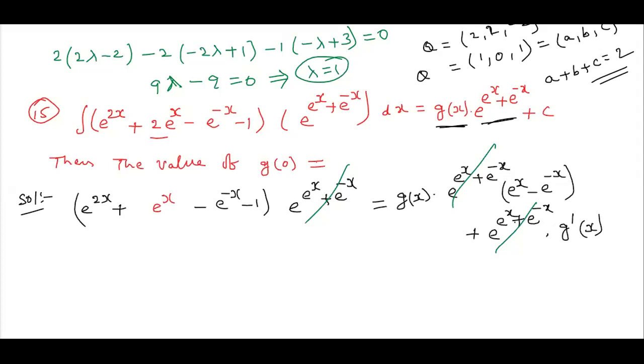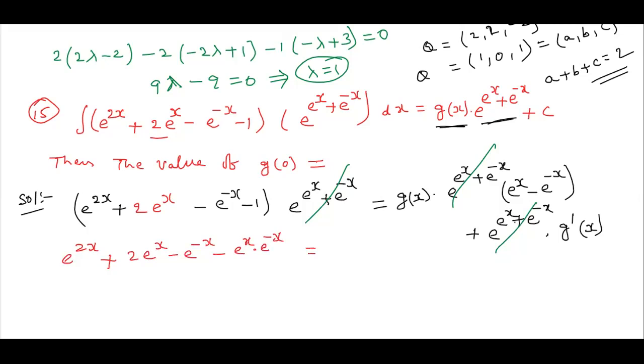Now in these two, go to another method. E power 2x plus 2e power x minus e power minus x. Minus 1 means, I am writing e power x into e power minus x.